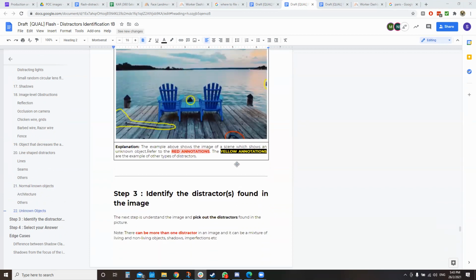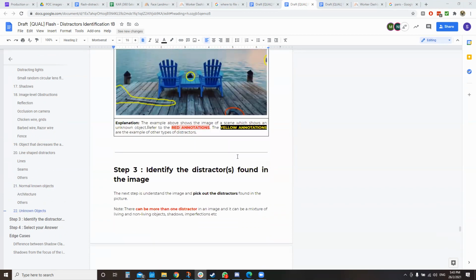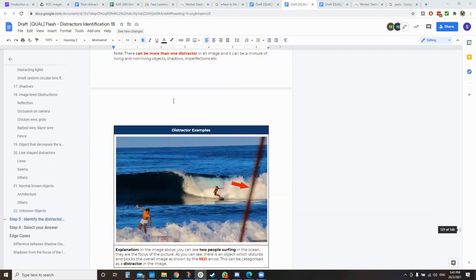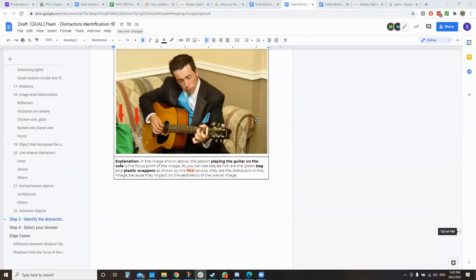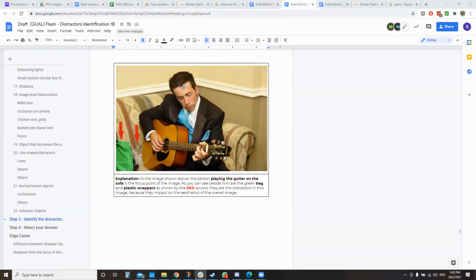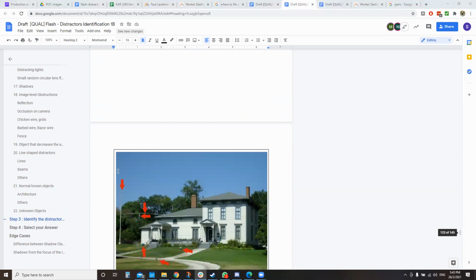Same like this one. So once you have recognized or understand the distractors, you can now call. So let's say A, B, C. Obviously, C is the distractor. A, B, C, D. You know CD is the distractor.